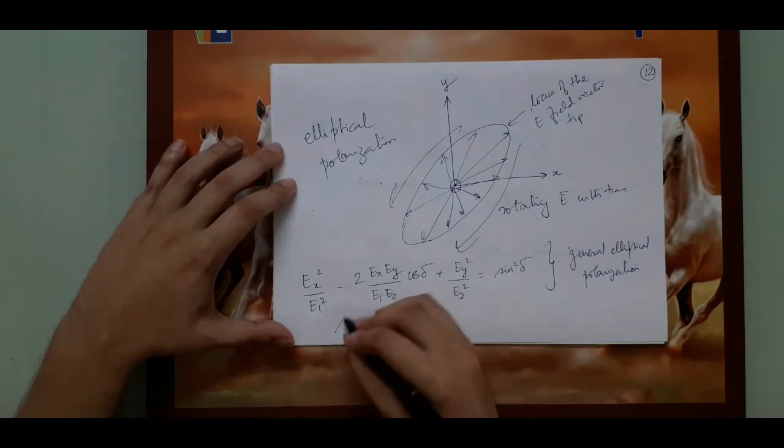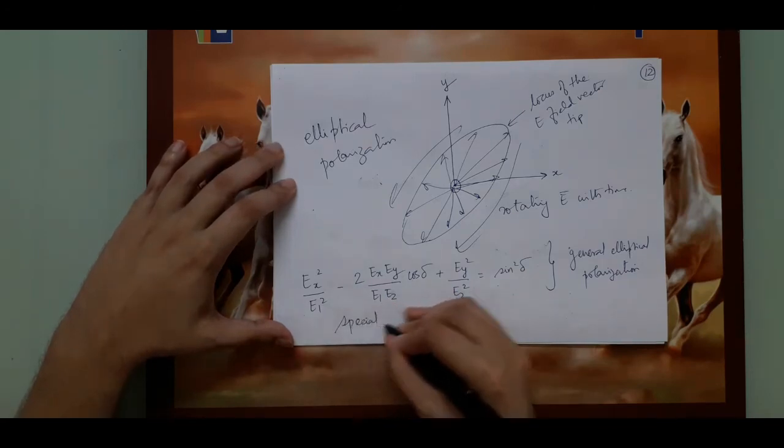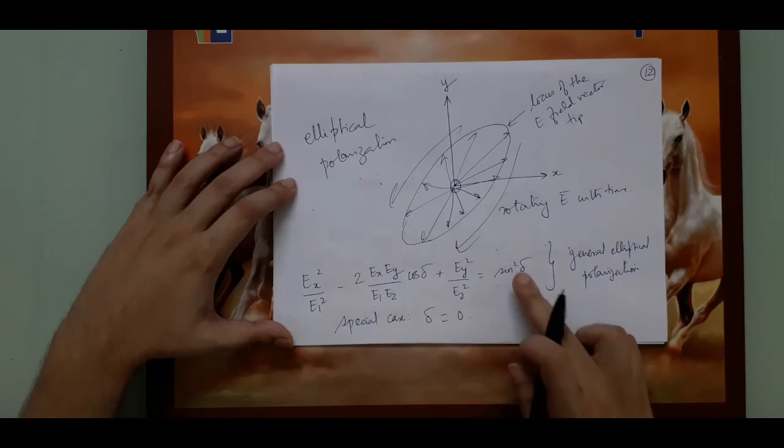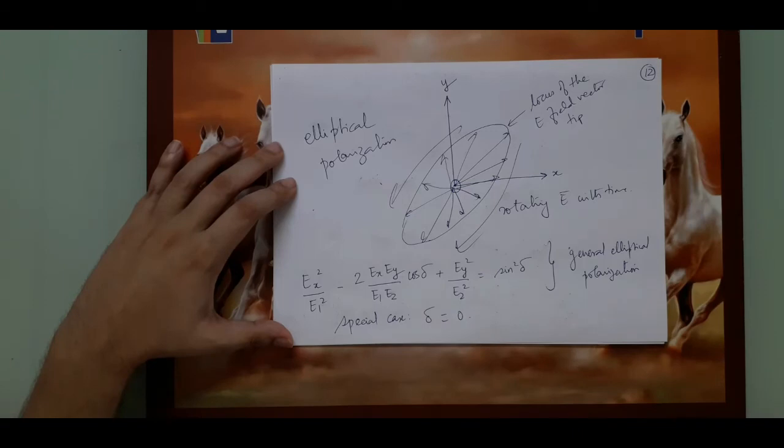Now let us consider a special case. Let us put delta as 0. If I put delta as 0, this term disappears, the cos term becomes 1.